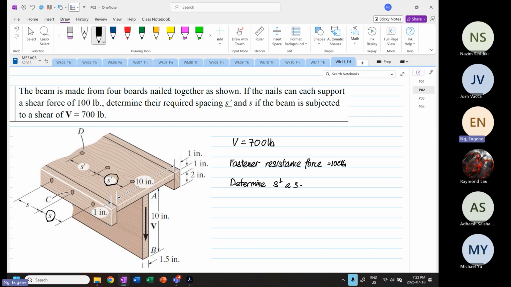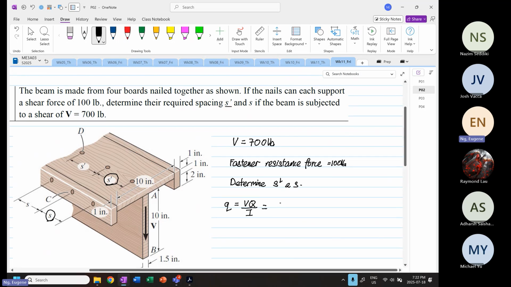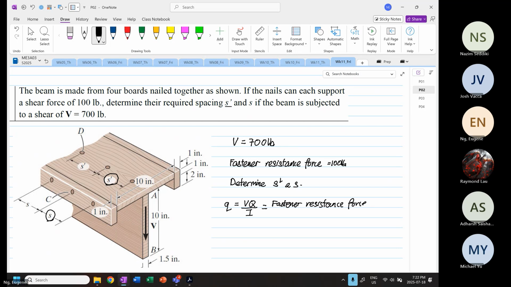Okay, so the formula we are going to use is q is equal to VQ over I, which is then equal to fastener resistance force, and then we are going to divide by spacing.